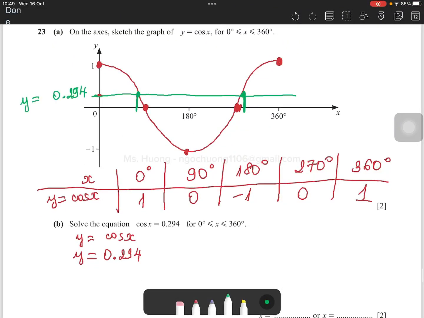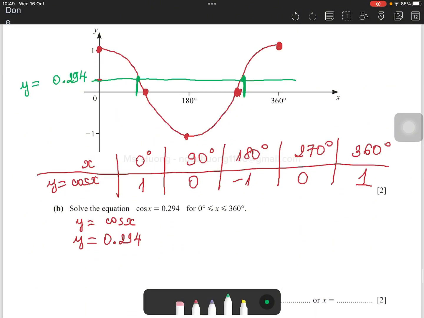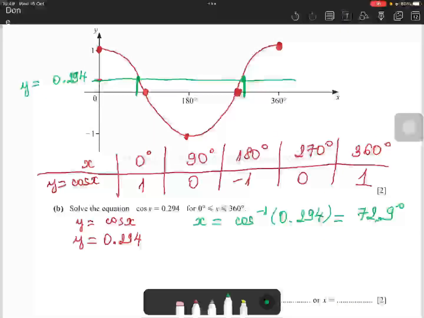To find the first point, we can find the inverse of cos of 0.294. You can use your calculator to help you. It is 72.9 degrees. So suppose that this is 72.9 degrees. Then the distance from 0 to this is 72.9.